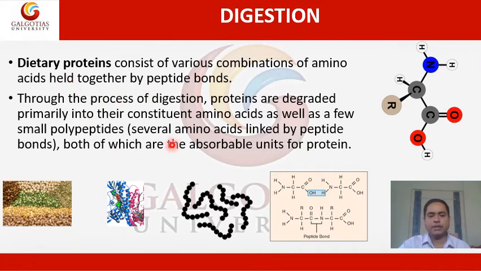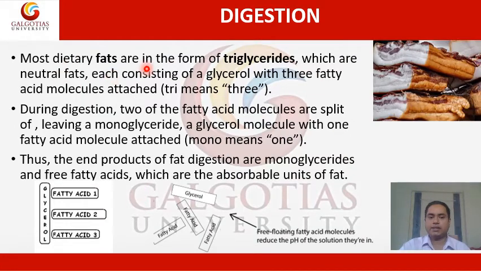Through the process of digestion, the proteins are degraded primarily into their constituent amino acids as well as some polypeptides, which are made up of amino acids, and both peptides and amino acids are the absorbable units for the protein.